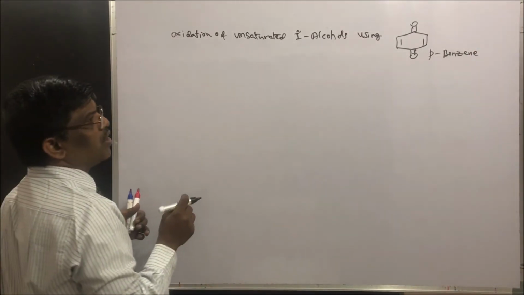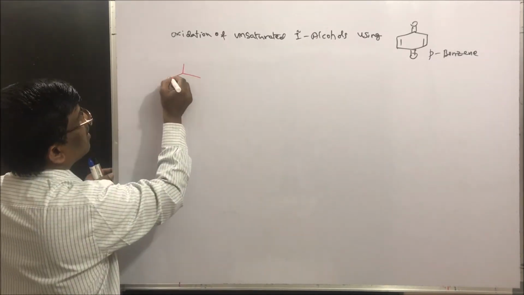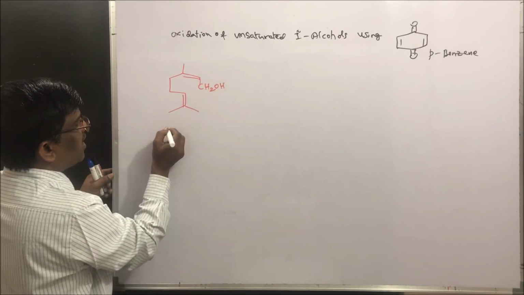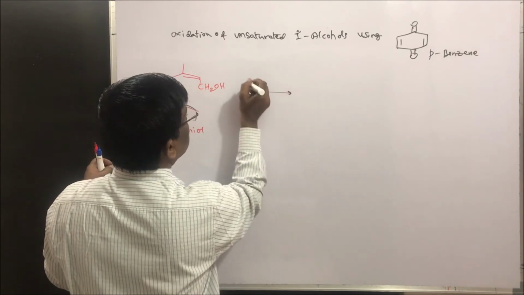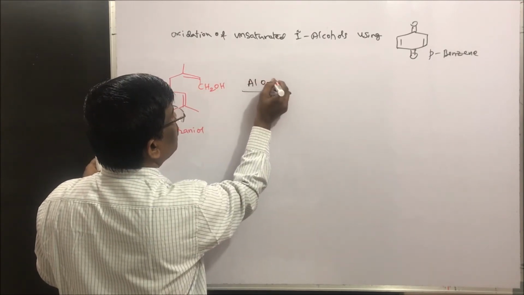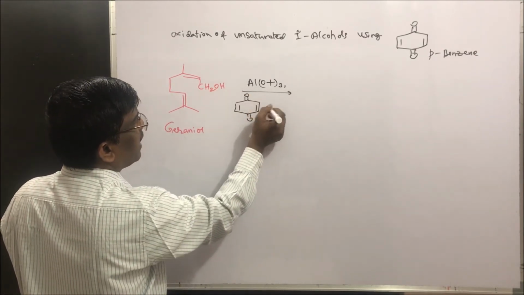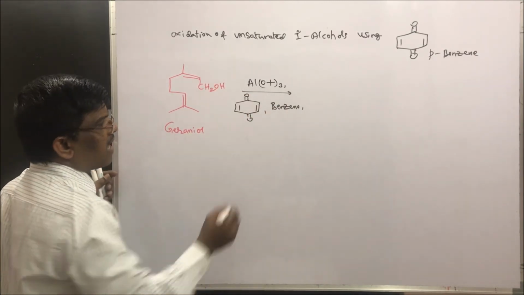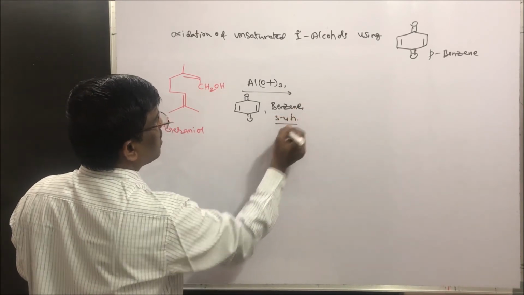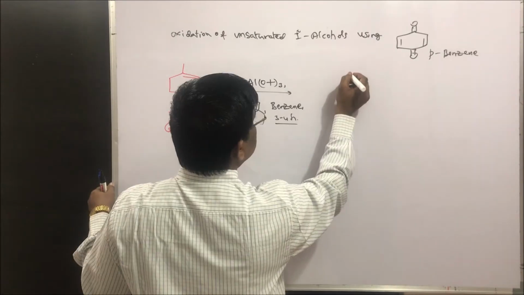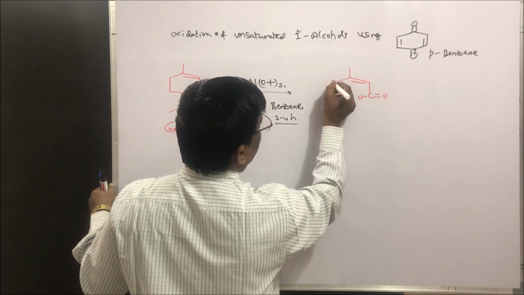By using this benzoquinone in place of acetone and cyclohexanone, let us take this geraniol. Upon oxidation using aluminium tertiary butoxide in presence of parabenzoquinone in benzene, as a solvent, benzene is used. So in 3 to 4 hours the reaction can be completed to give citral, which is a highly important synthon.